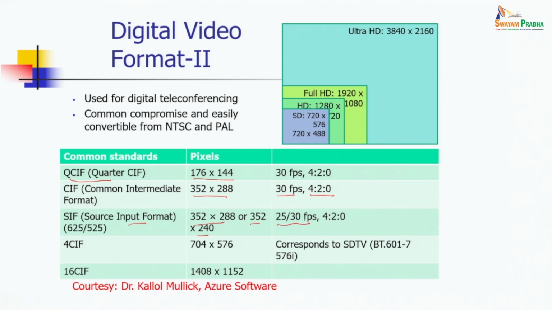Here the frame rate could be two different frame rates, and 4 CIF is 4 times the CIF format. So you have this particular standard. Then 16 CIF has a much larger standard, so larger frame size. So these are different kinds of standards on which the videos are defined.